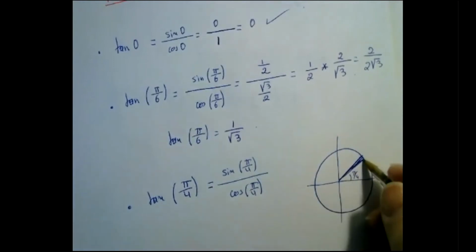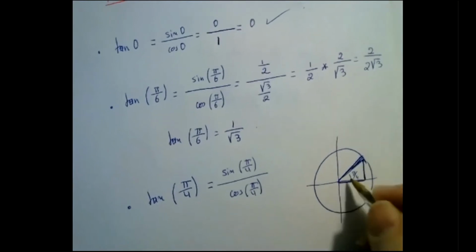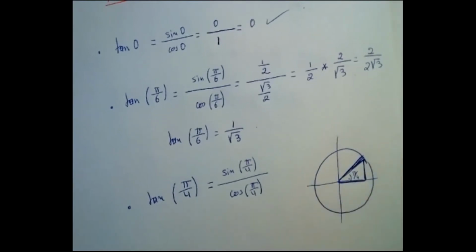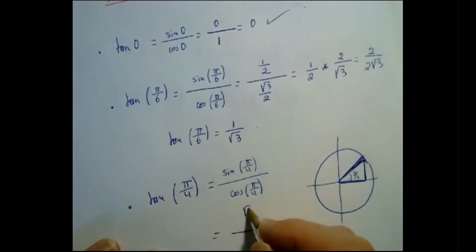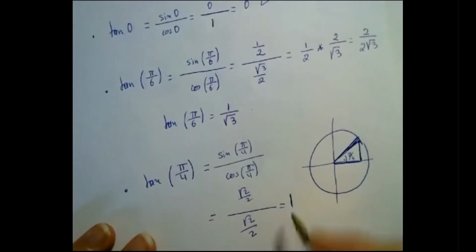Remember, that's pi over 4. That's the y, and that's the x. The angle is pi over 4. What's y over x? Anybody with me? It is equal to 1. So tangent of pi over 4 is equal to 1.